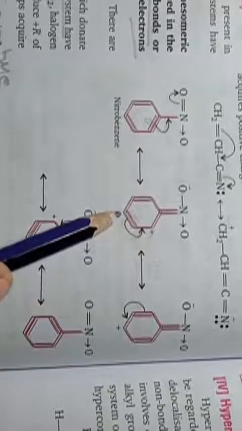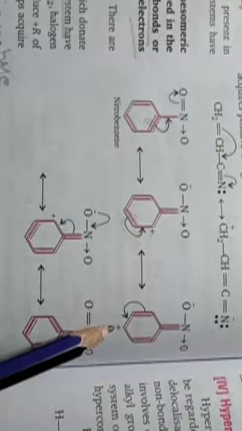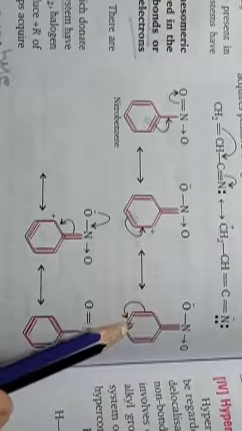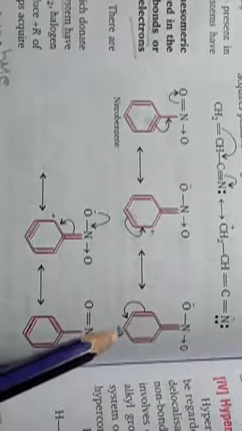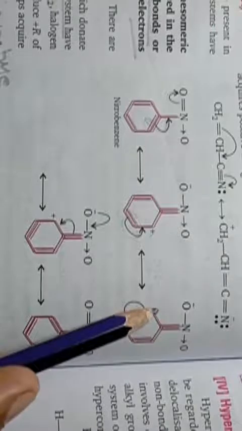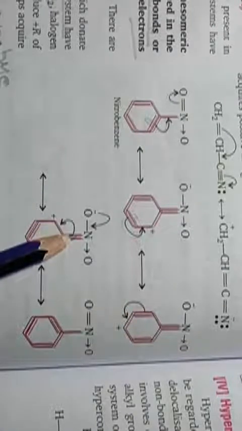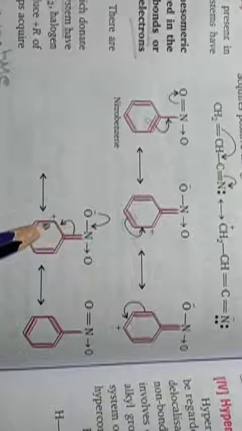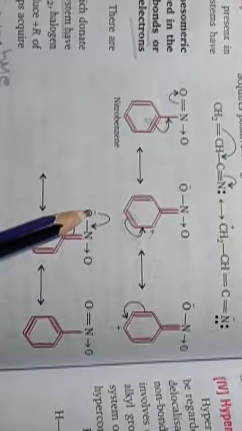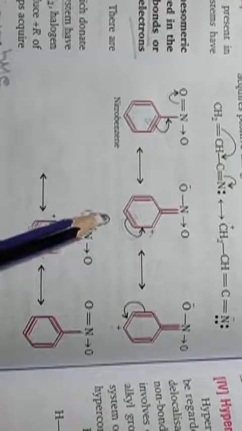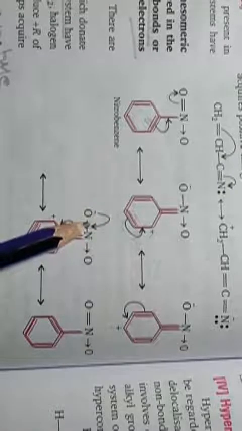1, 2, 3, third position, so positive charge. Next the double bond is transferred to here, and the positive charge shifts to the third position. 1, 2, 3, here you can see. In the next structure, these pi electrons will transfer to here, and the minus charge returns to its initial position.